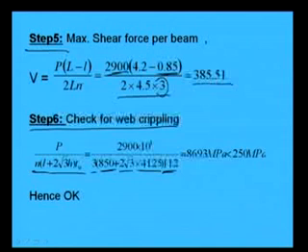So from this we are going to get the value as 86.93 MPa, which is less than 250 MPa. That means from the web crippling point of view, this is also okay. So the section whatever we are going to choose is quite okay, right.